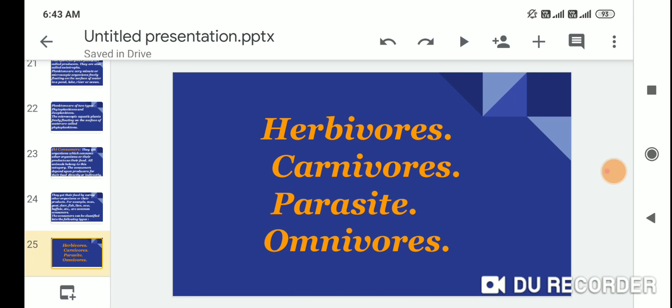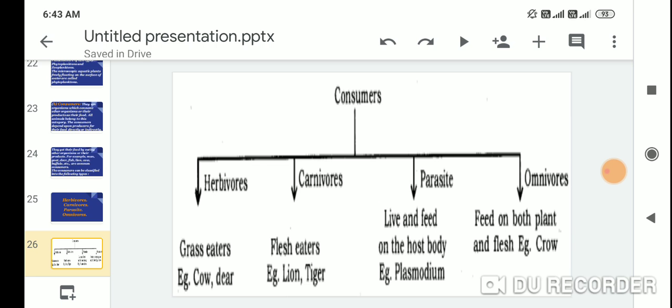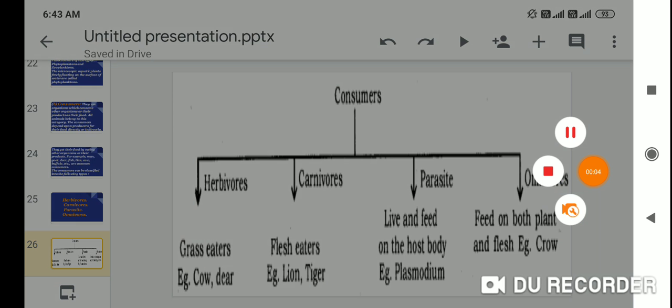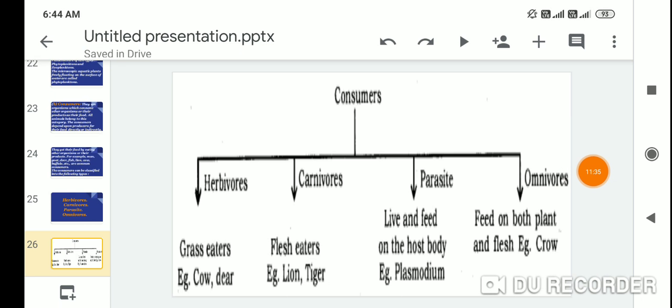The consumers can be classified into the following types: herbivorous, carnivorous, parasites, and omnivorous. Parasites live and feed on the host body, for example plasmodium.